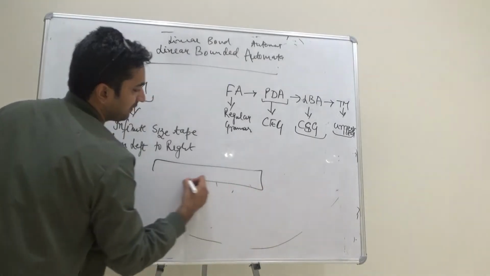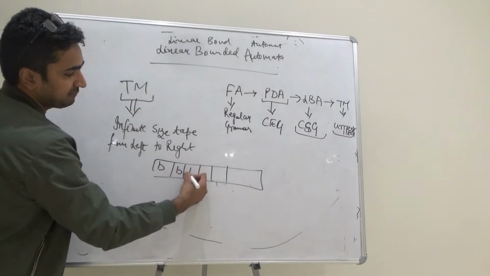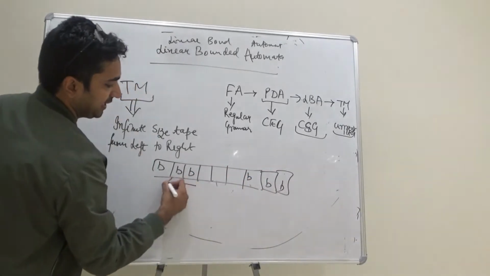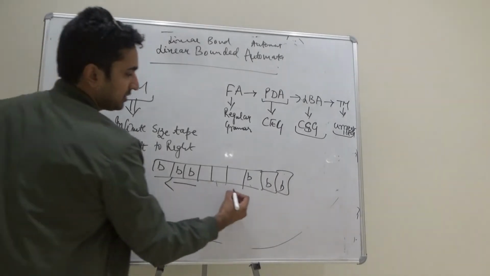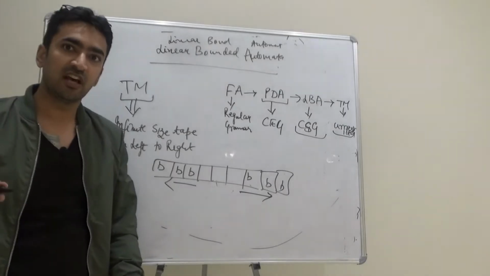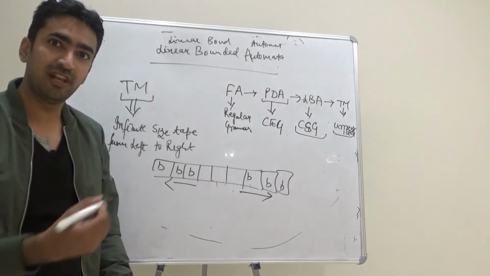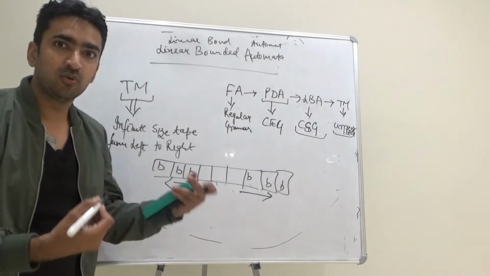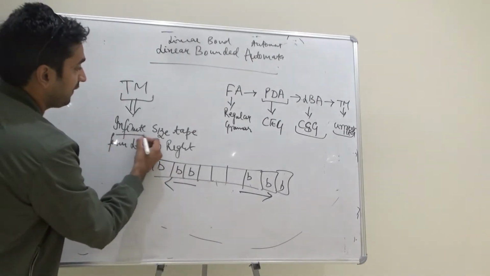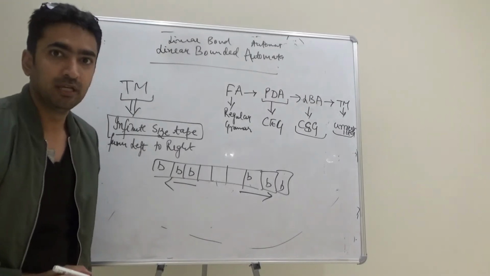If I have these input symbols, then on the left-hand side we move with blank symbols, and on the right-hand side also with blank symbols. So these are all infinite size tapes. You can move left or you can move right. Two-way infinite size tape, that is the Turing machine; kindly remember.